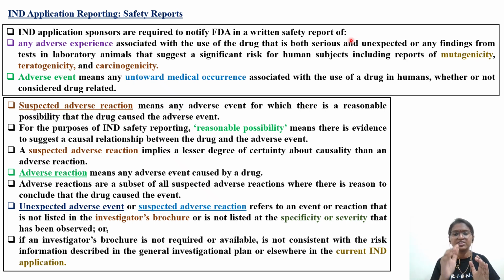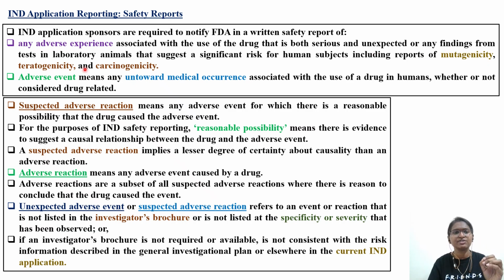So what are those things that we are going to discuss here? Any adverse experience associated with the use of the drug that is both serious and unexpected, you have to categorize those adverse reactions. Some of the reactions might be serious, some might be unexpected, which you don't expect from the particular investigational drug.